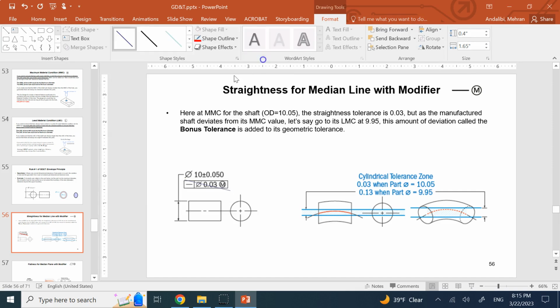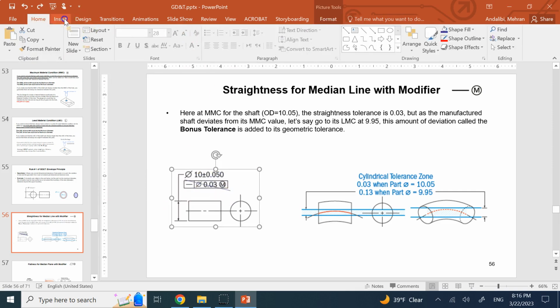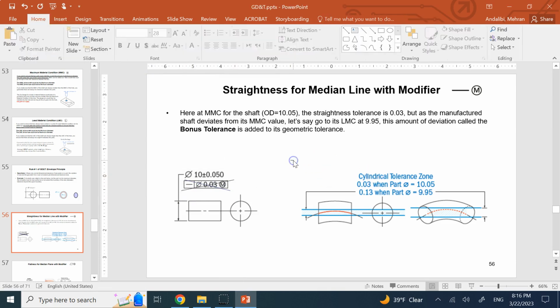What is your envelope right now? If this is 10, I can add plus and minus 0.05 to it. So the largest size I can possibly have is 10.05, right?